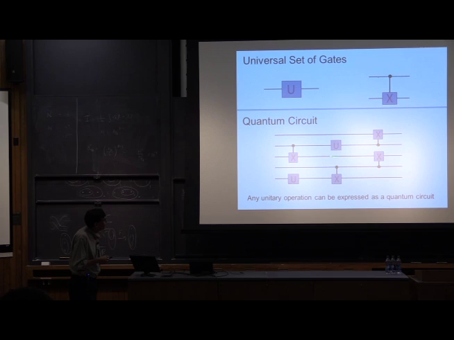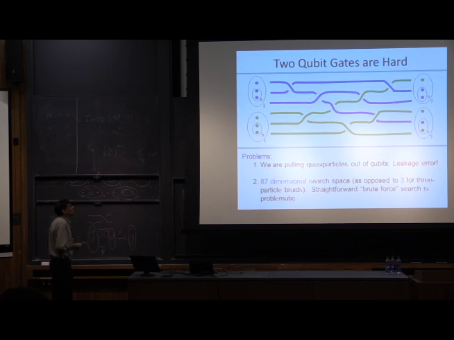And so far we can do the single qubit rotations. What about the controlled NOT gates or 2-qubit gates? That's a much harder problem for two reasons. One reason is that once we start trying to braid anyons from different qubits with each other, we have to pull anyons out of their encoded qubit.